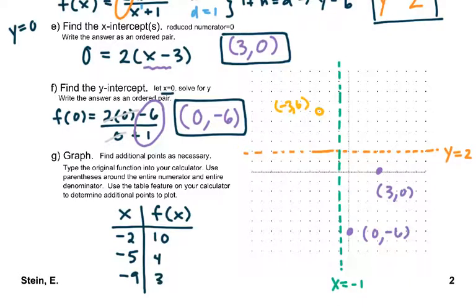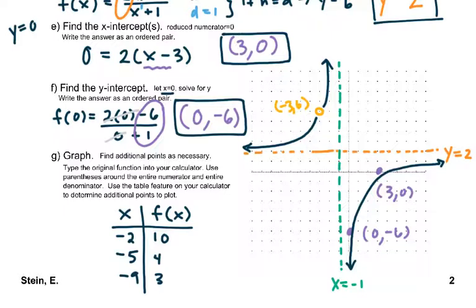And that would give us a little bit of a better idea of what our curve looks like. But essentially we get a graph, and use your calculator to help you check, that curves up and bounds the x and y asymptotes in the upper left and lower right corners.